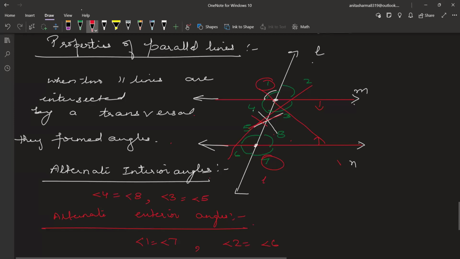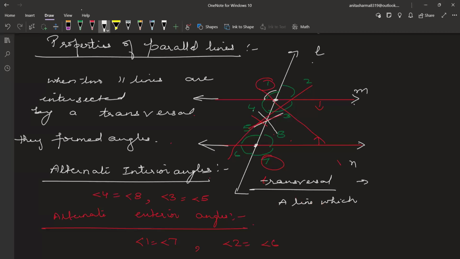A transversal is a line which intersects two or more lines at distinct points. Okay, ma'am. Please note it down fast.